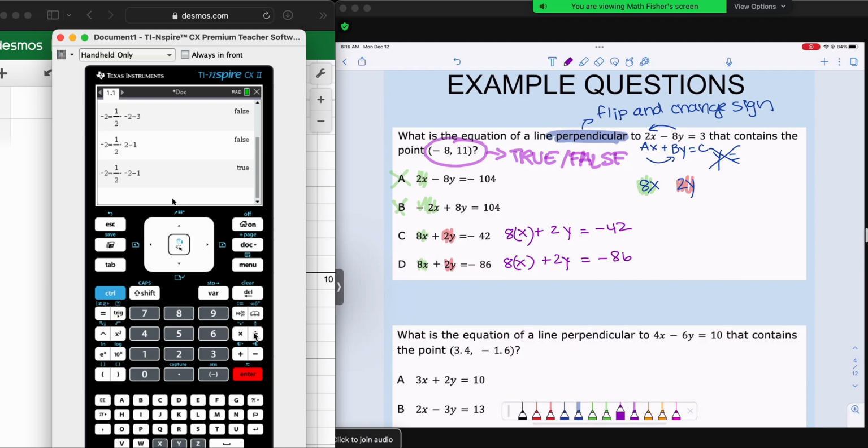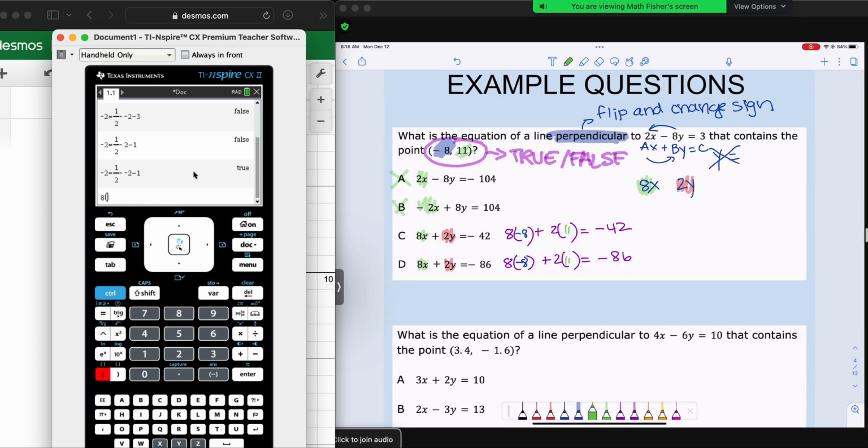Put your parentheses. Anywhere I see an x, I'm going to put a -8. Anywhere I see a y, I'm going to put 11. And then I'll be able to do true and false in our calculator.